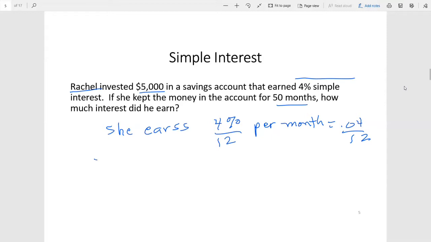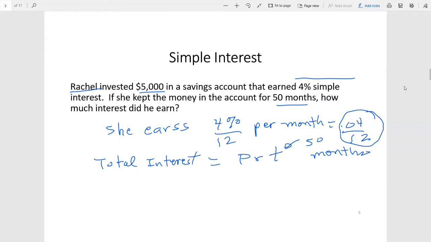So the total interest is the principal times the rate times the time. In this case, the time is going to be 50 months. That's why we had to get the interest rate per month into the equation.